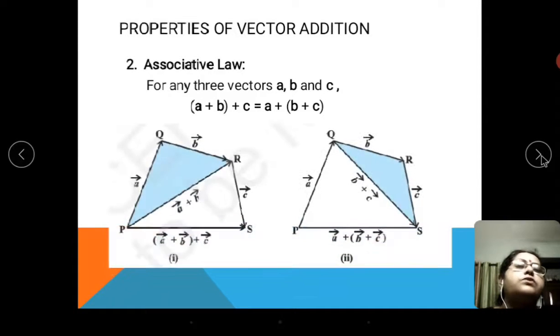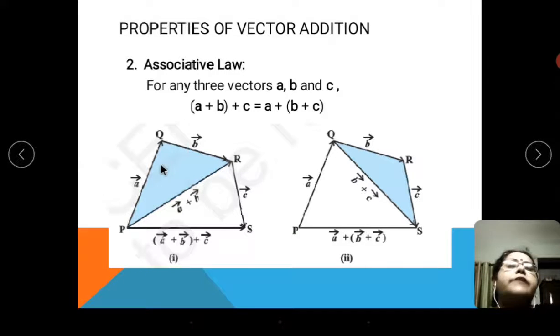So why is this so? Again, we can understand this from this figure. See that we have three vectors in both figures 1 and 2, A, B, C, where A is represented by the vector PQ, B is QR, and C is RS.